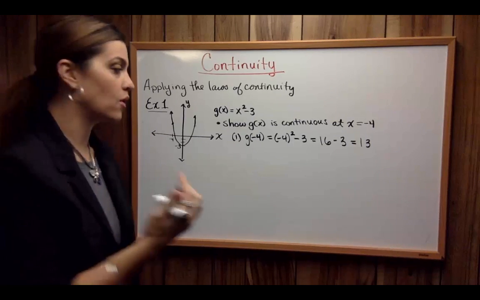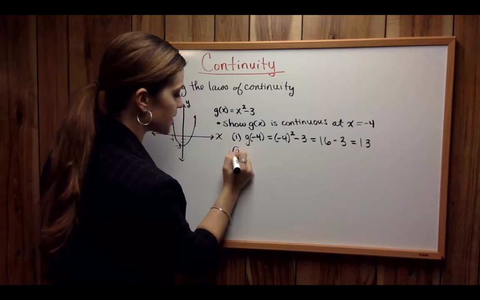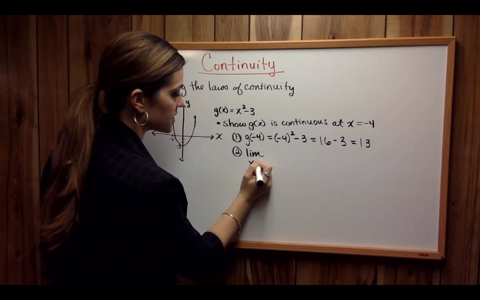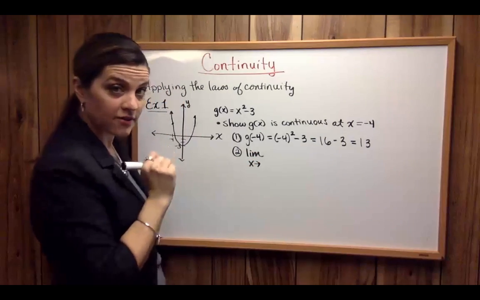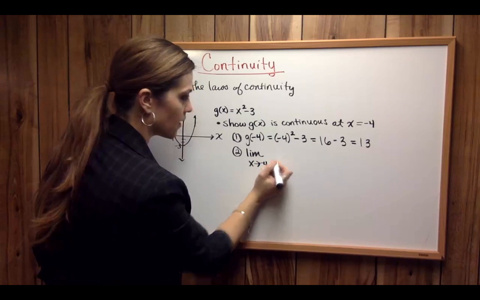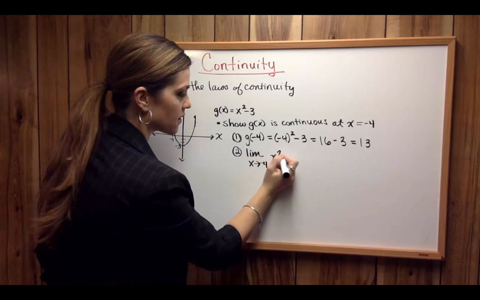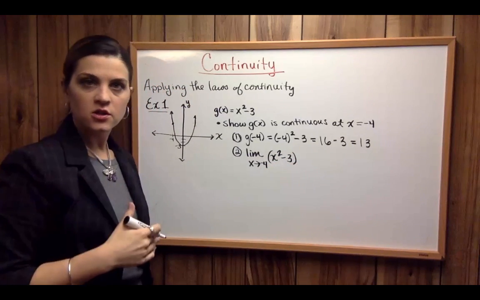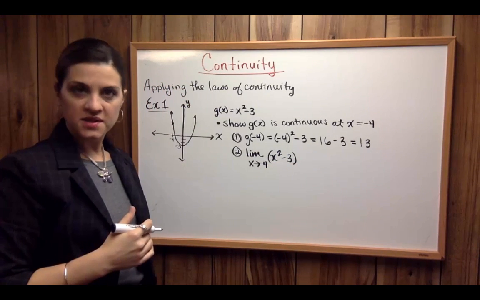Now let's look at the second law. The second one says, does the limit as x approaches that A, the A here is -4, so you plug or substitute the -4 into g of x. Now we think back to the ways we evaluated limits algebraically.